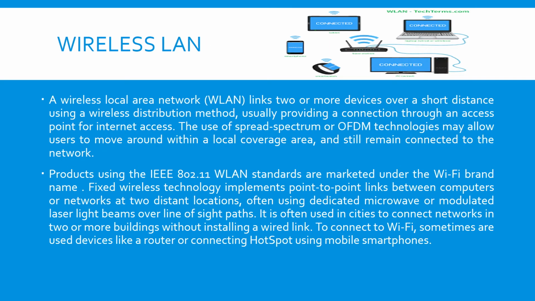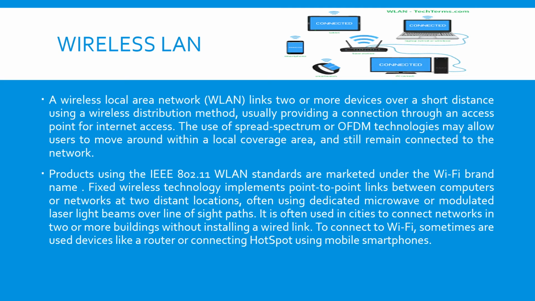Then we have a wireless LAN. The wireless LAN is again a type of LAN, local area network, which is created with the help of some device which could connect the nodes in a particular LAN without any physical connectivity between them. That means without the help of cables, it can connect all the devices to the network.